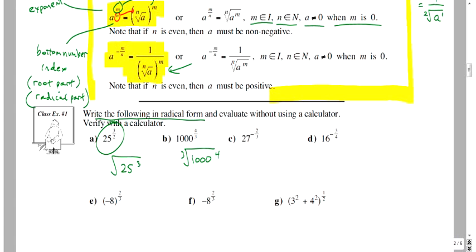So far, so good? Ooh, negative. Uh-oh. What should you do first when you see a negative exponent? Make it positive. How do you make it positive? You flip it. Everything stays the same. The only difference is that exponent is not negative, it's positive by putting 1 over it.